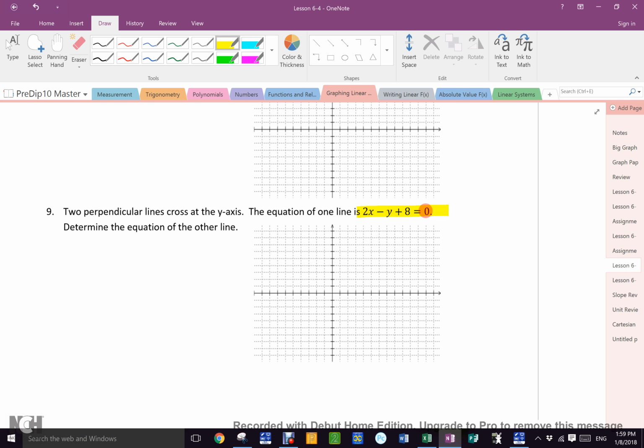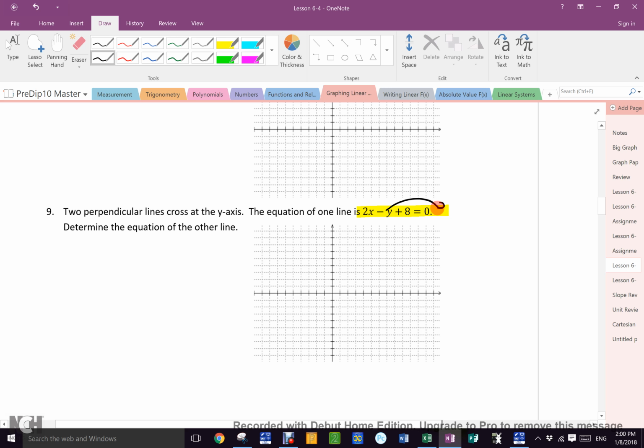Okay. Again, I ask, how should we graph that? What are you going to do to graph it? Well, I personally would just move that y over there, and the y would be isolated.